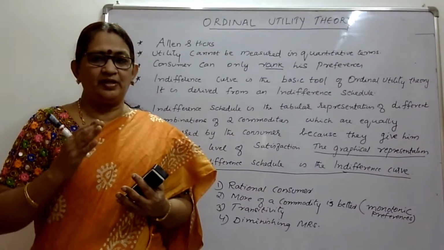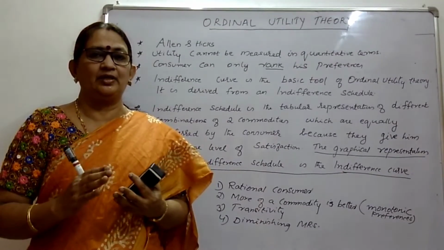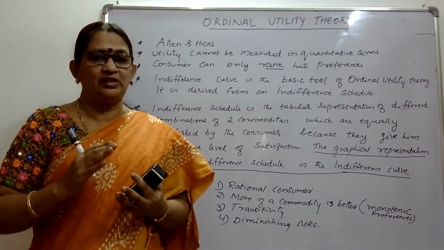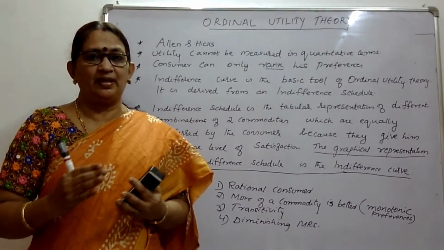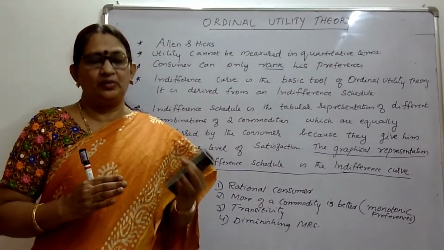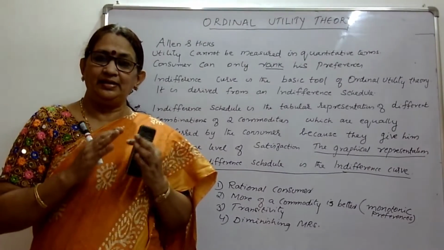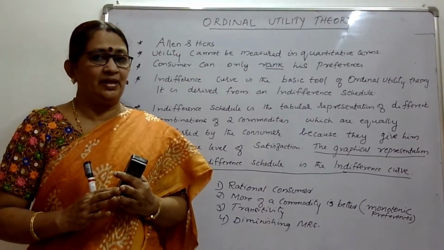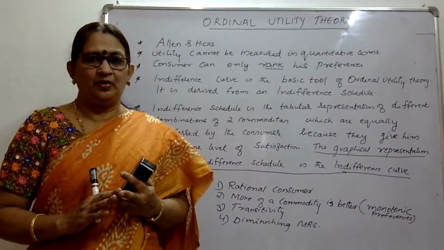From the indifference schedule, which shows alternative combinations of 2 goods from which the consumer makes choices, we draw the indifference curve. The indifference curve is a graphical representation of the alternative combinations of 2 goods from which the consumer makes choices, and all these bundles give him the same level of satisfaction. That is what we are going to see in ordinal utility theory.